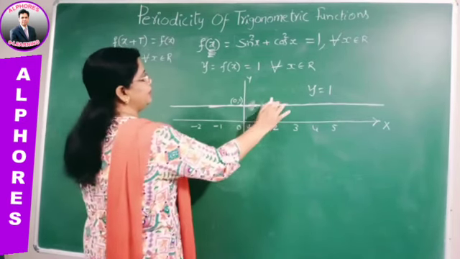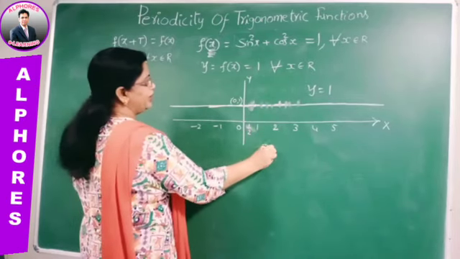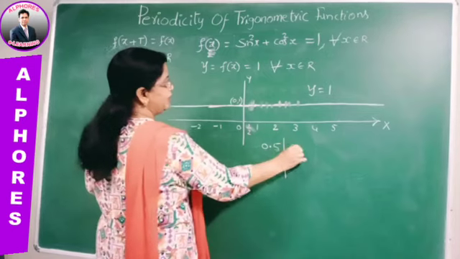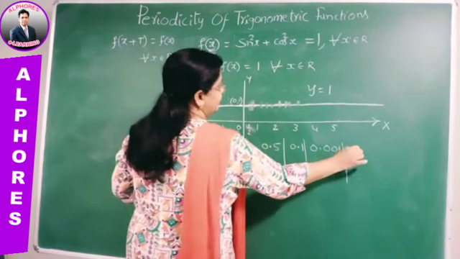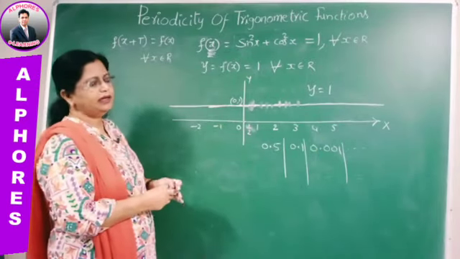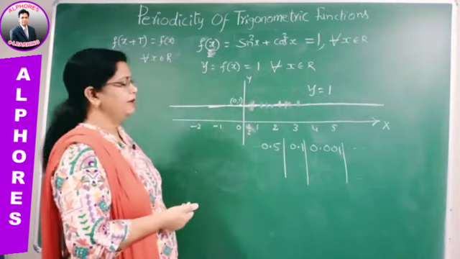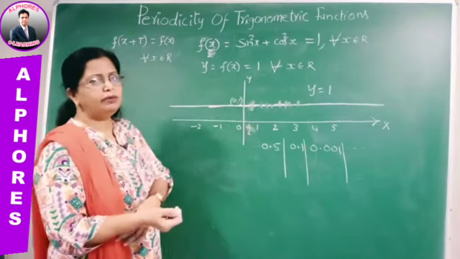Again you can separate like this. That means in a gap of 0.5 or a gap of 0.1 or 0.001, like this, whatever the smallest gap you take or the largest gap you take, you can observe the function is taking the same kind of value.